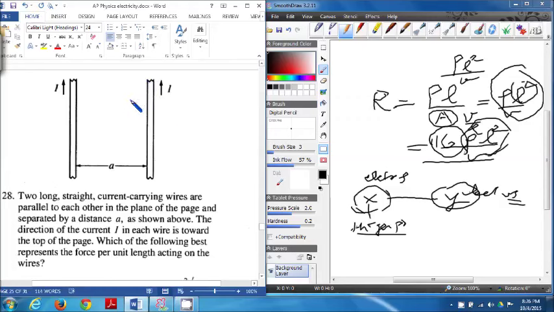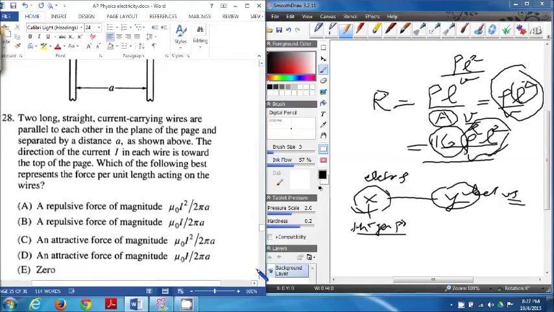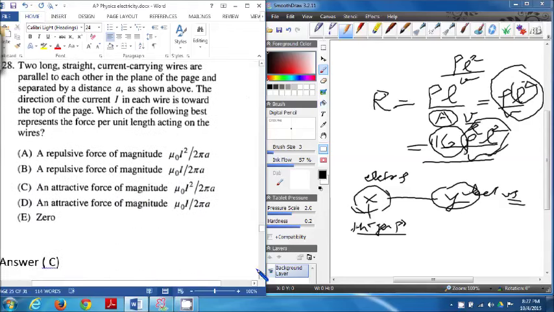So this will create a magnetic field out of the page here, and this will create a magnetic field into the page. So the magnetic fields are in opposite directions, so there will be an attractive force of magnitude mu0 I squared by 2 pi a. So the answer is C.